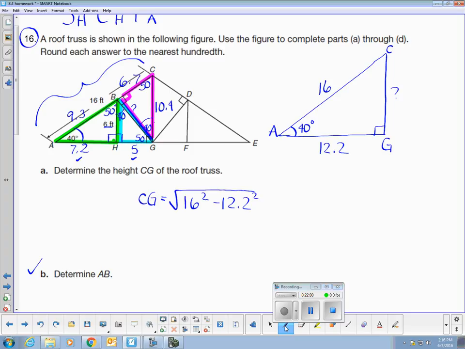So if I want to find the distance from B to G, I'm going to take the square root of the hypotenuse, 10.4 squared, minus one of the legs, 6.7 squared.